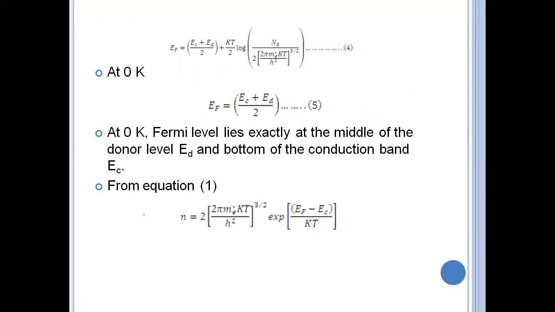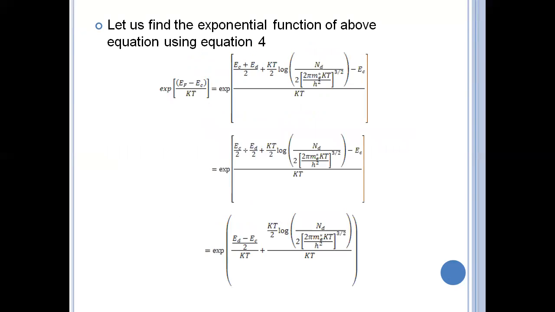Now again, to derive the carrier concentration of the n-type extrinsic semiconductor, just take the final expression for the number of electrons in the conduction band, that is 2 into (2 pi me star kT by h square) power 3 by 2 exponential (EF minus EC) by kT, where you are going to replace EF with the Fermi energy equation. So before substituting, just find out the exponential function, exponential (EF minus EC) by kT.